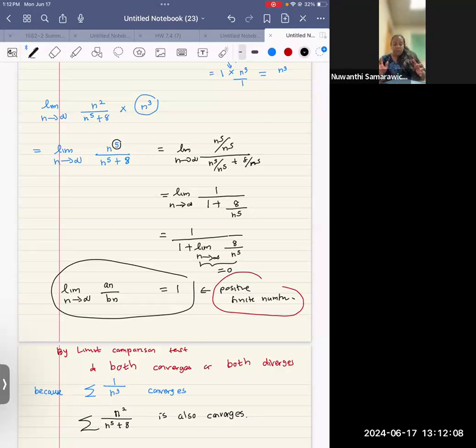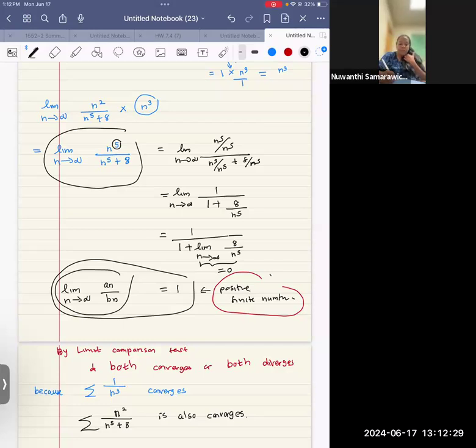Then we are going to find, when n approaches infinity, a sub n divided by b sub n, this quotient, we are going to check whether we get a positive finite number or not.